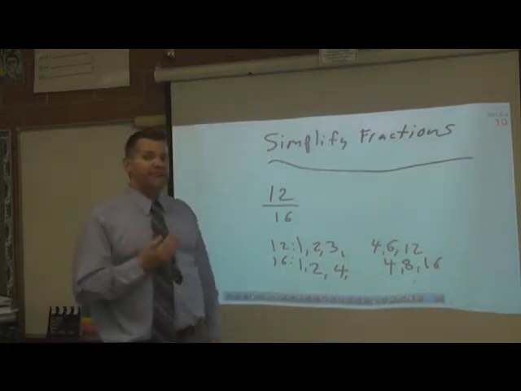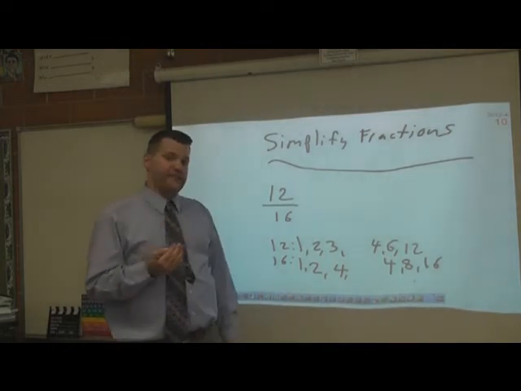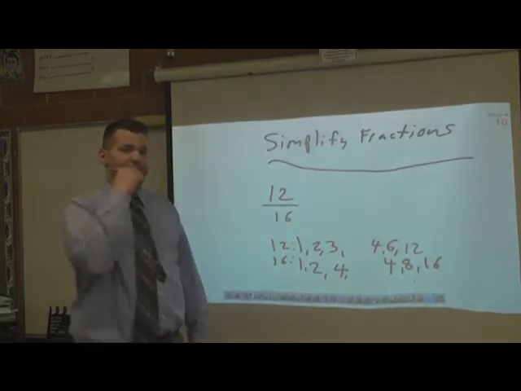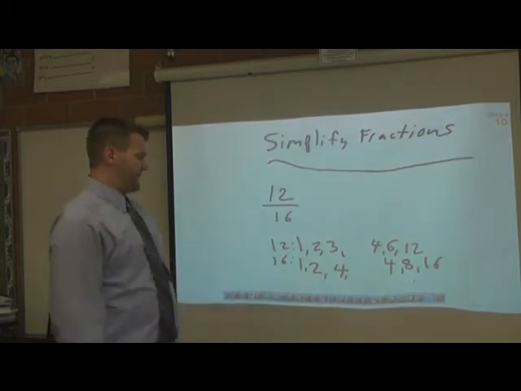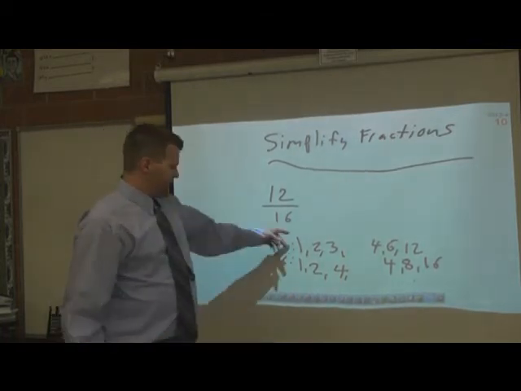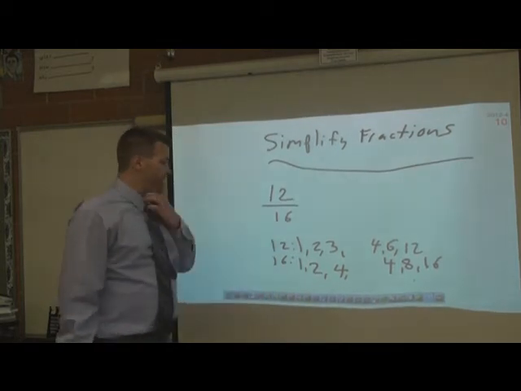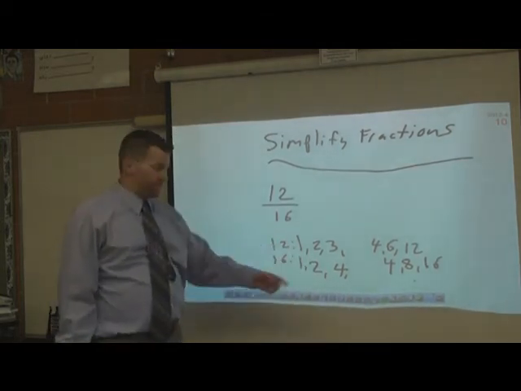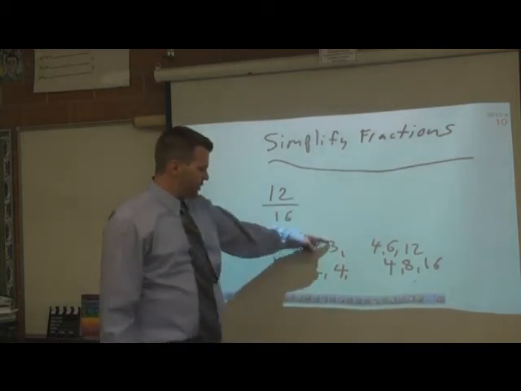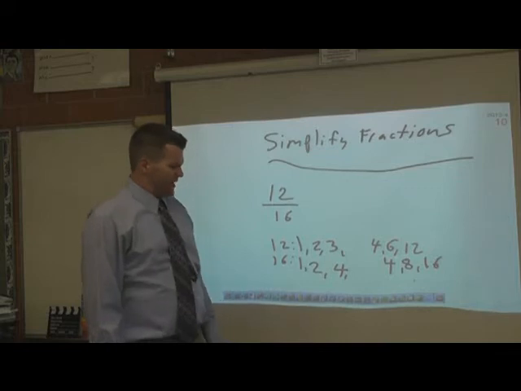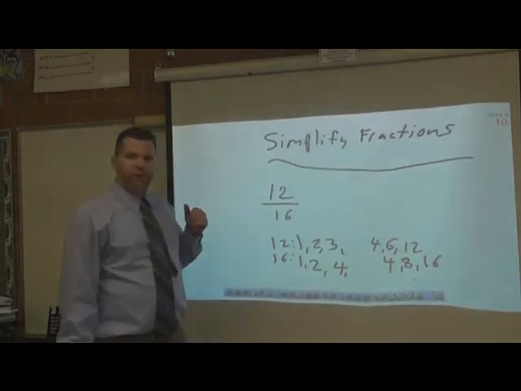Now, is there a factor here that you all see that they both have in common? One that both 12 and 16 have in common, everybody. Well, of course, they both have 1 in common. That's a common factor. 2's a common factor. Do they both have 3? No. They both have 4.